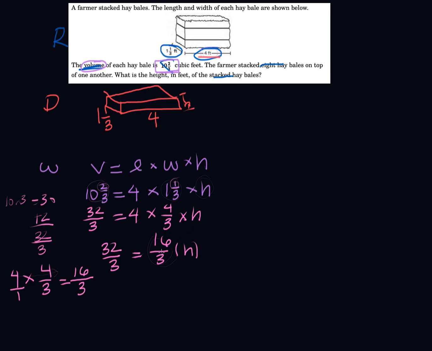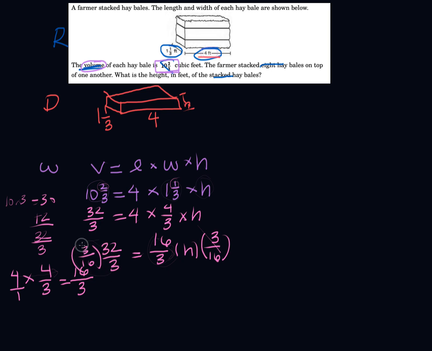So we need to multiply by the reciprocal, and its reciprocal is the fraction flipped. So the fraction flipped is 3 over 16. And on this side is 3 over 16. So 16 times 3 and 3 times 16 makes 1, so we don't need that.